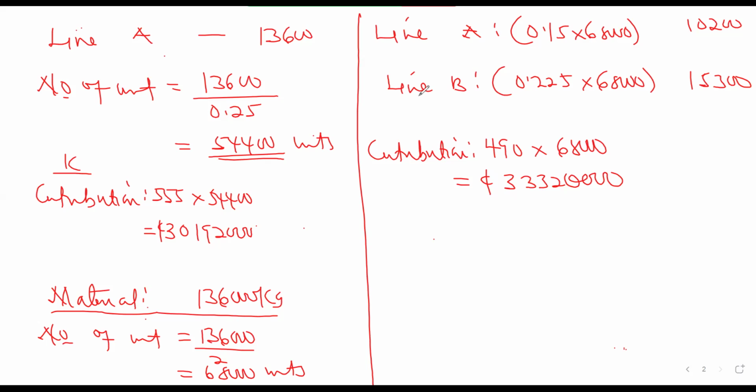But if you want to use just a limiting factor to determine, you'll be picking the material K, which cannot pass through line B. So you just ask yourself, how many units do I have to produce based on all the things that I have? What is the resultant contribution? Then you use the contribution as your basis of recommending which product they should produce. But if you're using material, you'll be saying that they should produce product K, which at the end of the day will not be the right one.